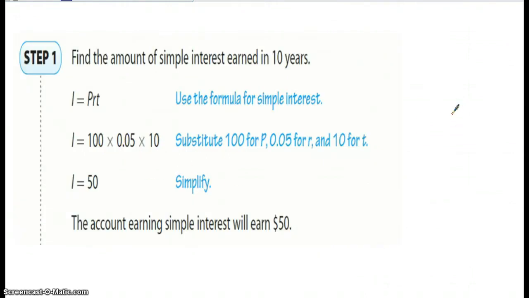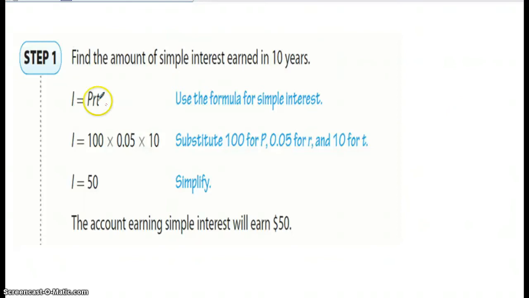So step one, if we're going to compare, and compare means to look and determine which is greater or which is less, in math terms, greater than or less than. That's what compare means. So here we want to find the amount of simple interest earned in 10 years.